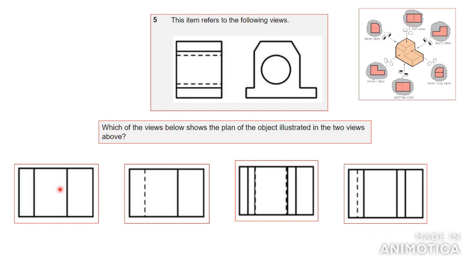So the first one over here, if you look at the drawing, you have a circle inside. So this needs to be represented by a hidden line, or hidden lines. So it can't be this one because it has no hidden lines. All it's showing is the object lines that are outside of the drawing. Basically, this corner, that corner, this corner, this corner, that one, and this one looking down onto the object, looking from up down onto the object.